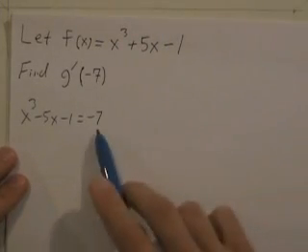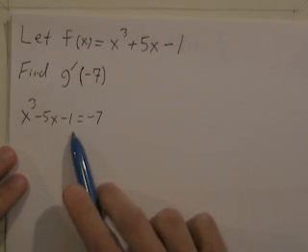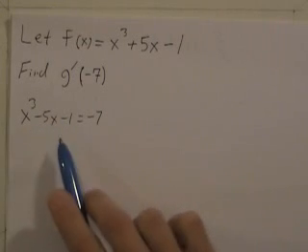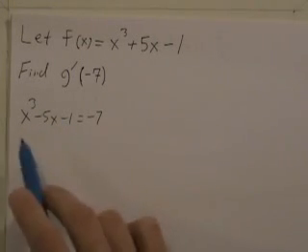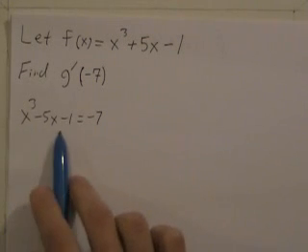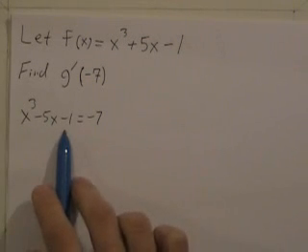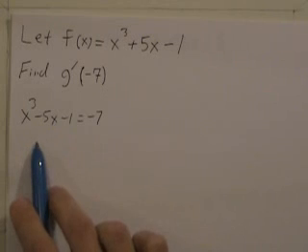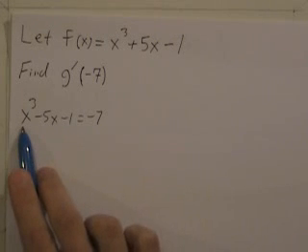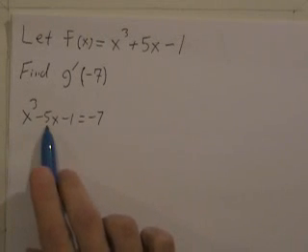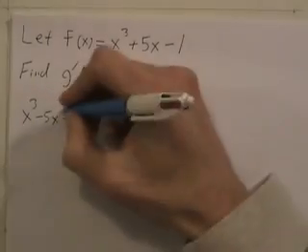Because I made these easy, it can't be that hard to solve. If I plug in 1, it doesn't work. I plug in 2, it doesn't work. But if I keep on trying, negative 1 works. Sorry, it was plus 5x.